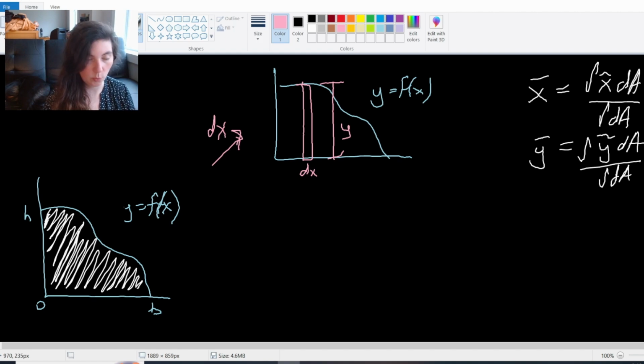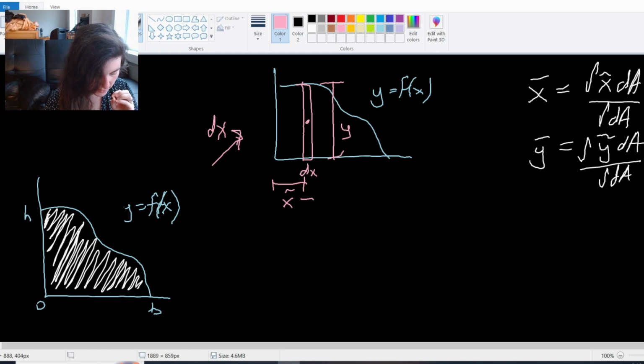This is what's going to give me the y tilde. So my centroid right here, I need to know the location of the centroid of every little rectangle that I'm taking. And so the way I get that is this distance here, I'm going to call this my x tilde, right? My distance to my centroid of every arbitrary little rectangle.